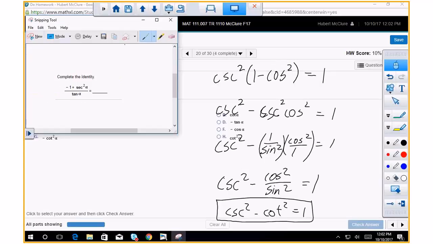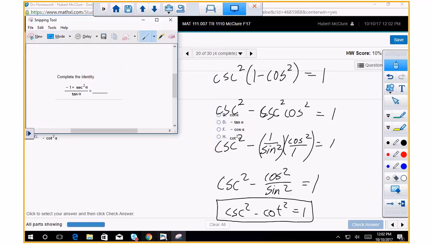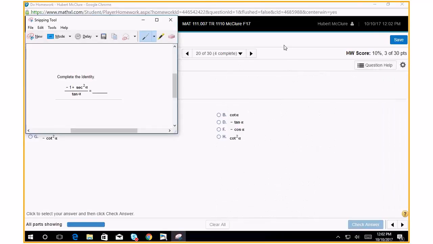Maybe I need to print y'all out some since it's so much work. What do y'all think? So much work, print button, have to print. I don't know why I asked y'all to do so much.